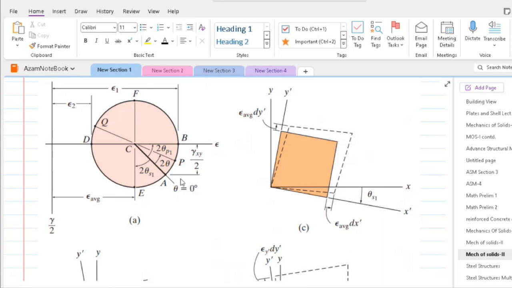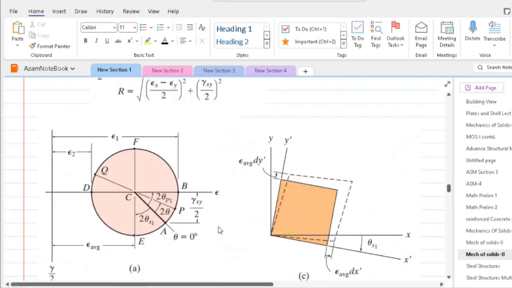Please note that our reference shear strain on the Mohr circle is in negative ordinate direction. Similarly, we can determine normal and shear strain components oriented at any angle theta corresponding to our reference strain element. We can determine all the unknowns using trigonometry.